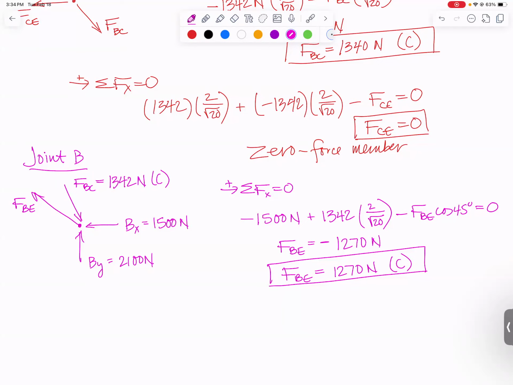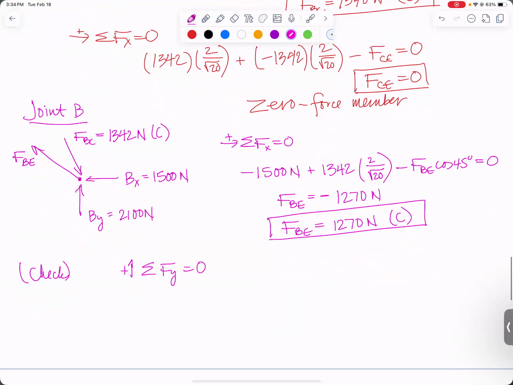We can double check that. Summation of force in the Y equals 0. This is just a double check. I've got 2100 newtons upward from BY, and I've got minus 1342 newtons. I need the vertical component, which will be 4 over the square root of 20.